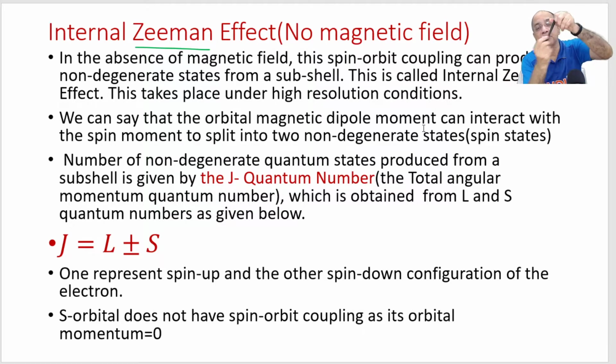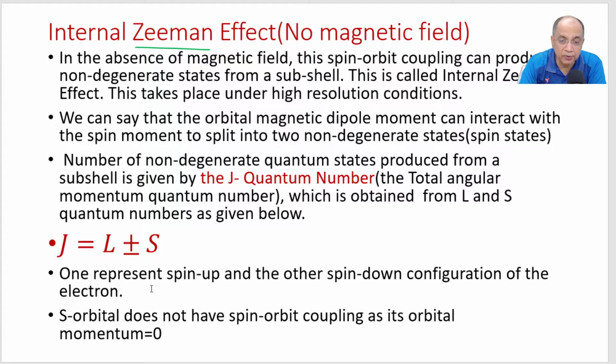With spin up and spin down, there will be two states, right? The number of non-degenerate quantum states produced from a subshell is given by the J quantum number. That is the total angular momentum quantum number, both orbital as well as spin, which is obtained from the L and S quantum numbers as given below.